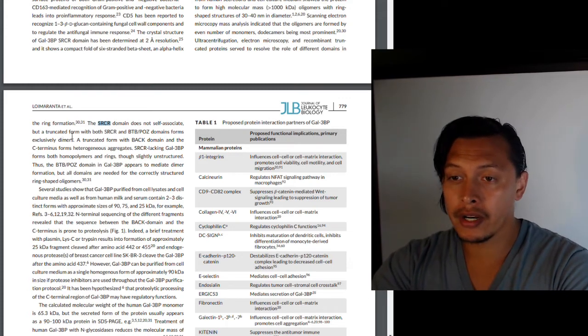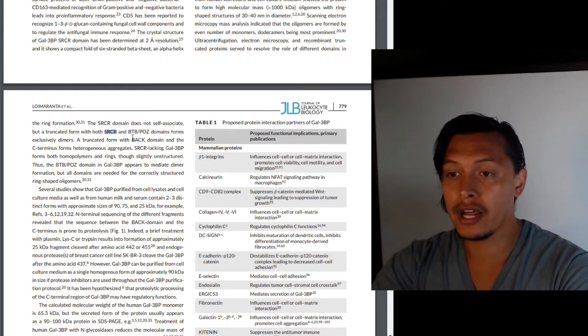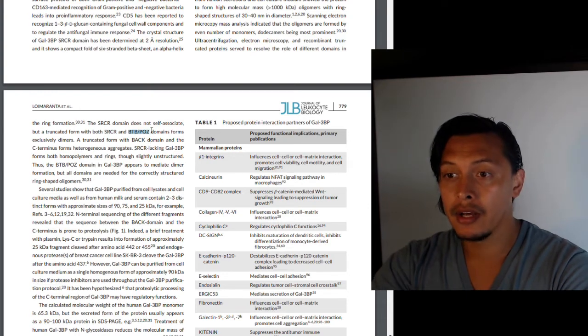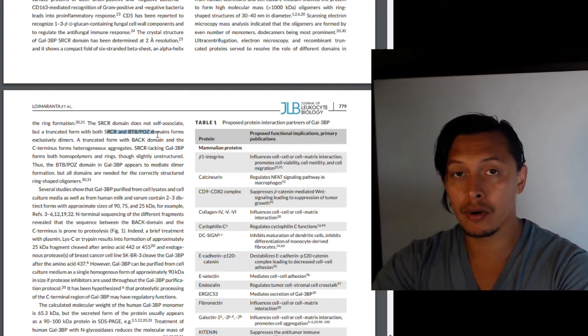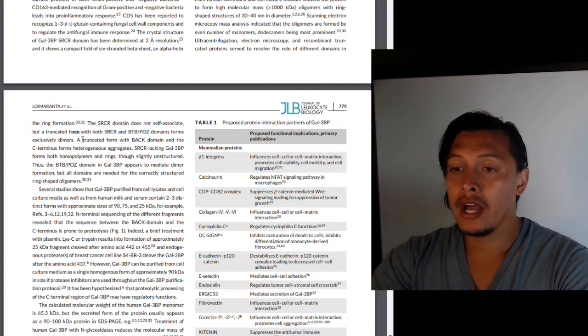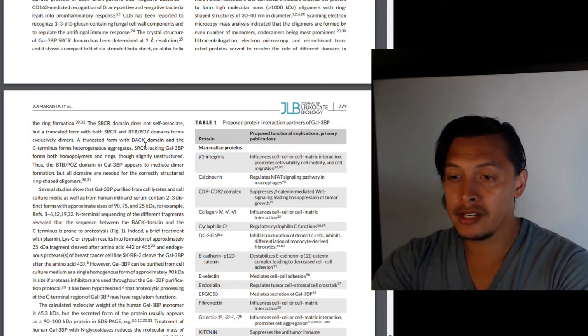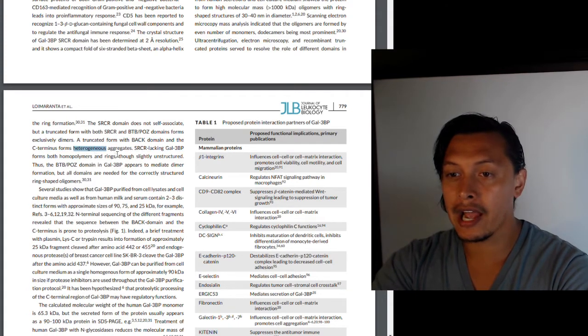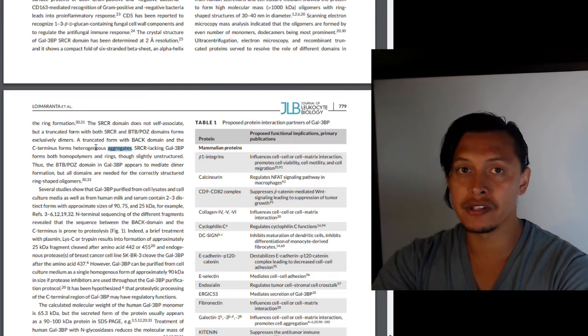But a truncated form with both the SRCR and the BTB-POZ domain forms exclusively dimers. So if you only have these two parts of the protein, it will only form dimers. It won't form those rings, right? A truncated form with the BACK domain and the C-terminus forms heterogeneous aggregates. So they'll basically form very amorphous blobs, right?